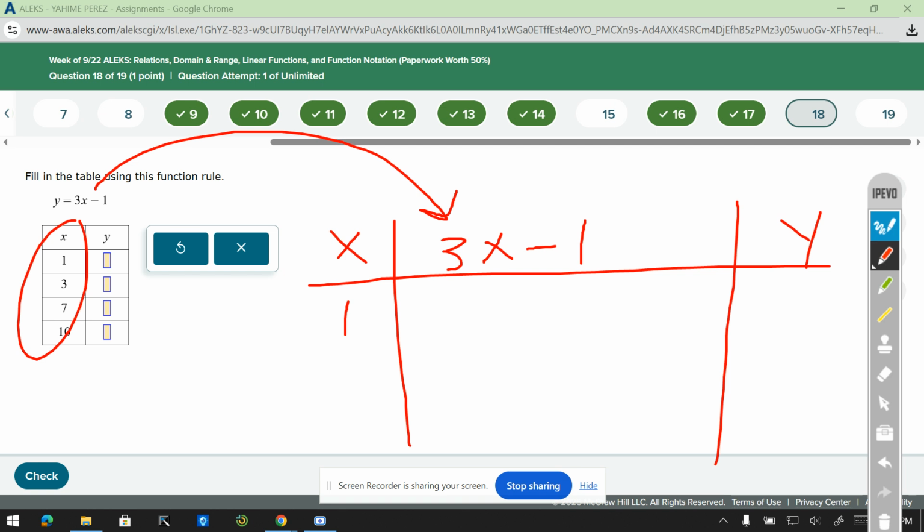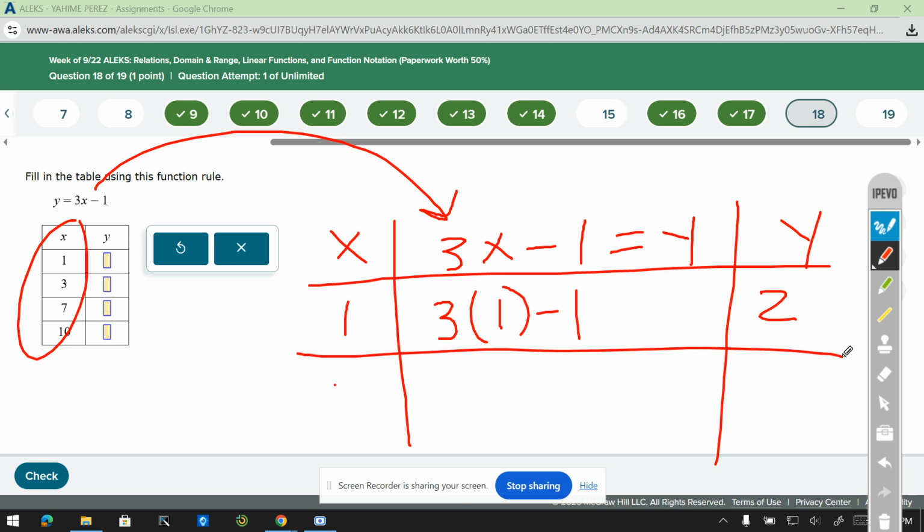So the function is 3x minus 1 is equal to y. So if I want to find out what y is when x is 1, I'm going to substitute x with 1 and then simplify using my order of operations, right? My PEMDAS. So I've got 3 times 1 minus 1 is equal to 2.